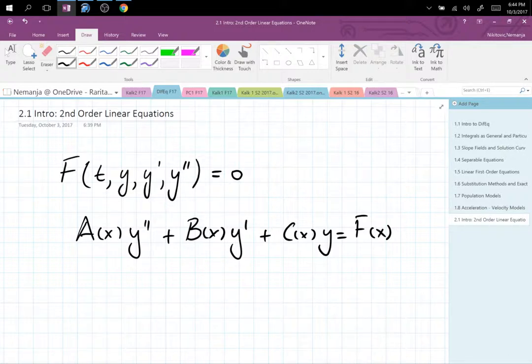So in order for linearity to be there, you have to have the y double prime term, y prime term, and y without anything being done to them. They have to be single, to the first power.